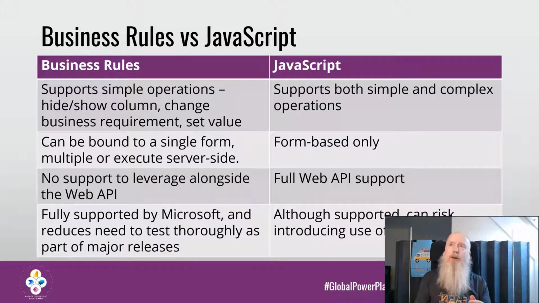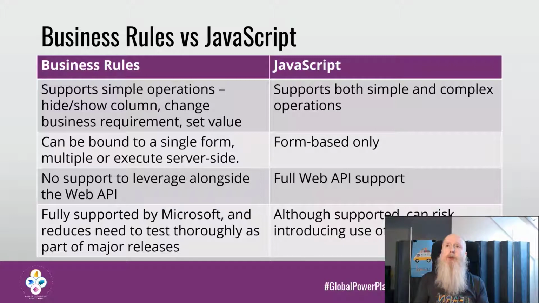So within a form, we can show and hide fields. We can set a value. But we've only got simple field-based operations, where JavaScript can operate not just on fields, but on whole sections and whole tabs. So you've got a lot more capability with JavaScript in terms of manipulation.